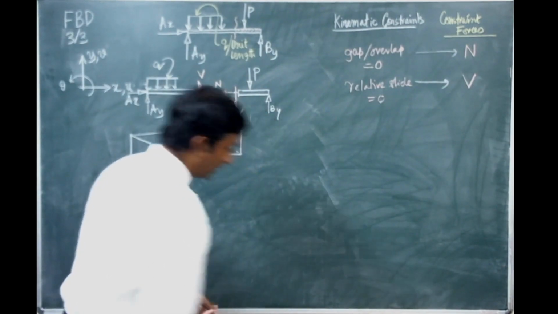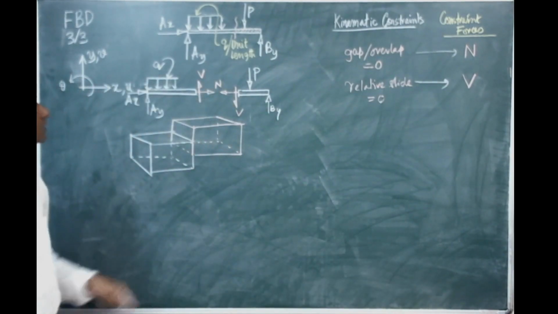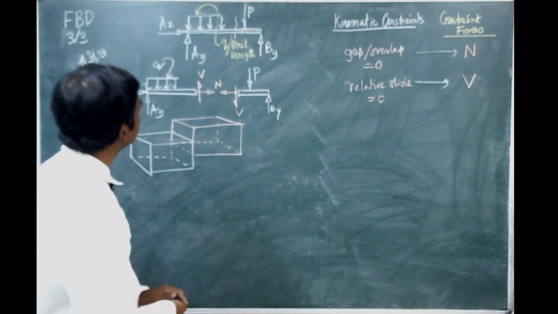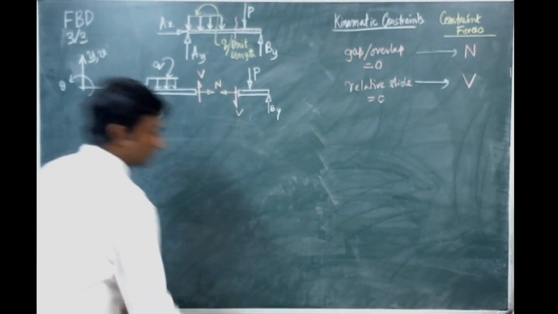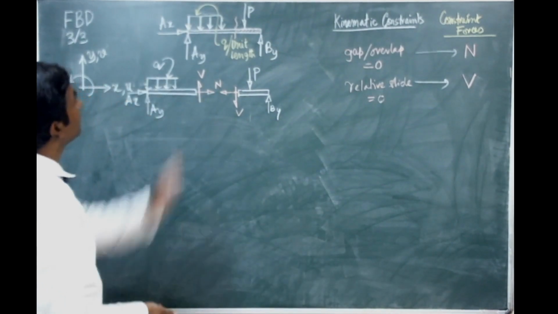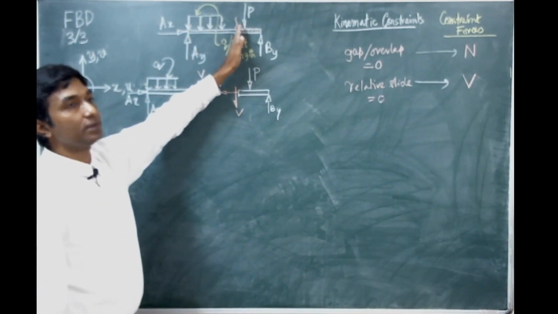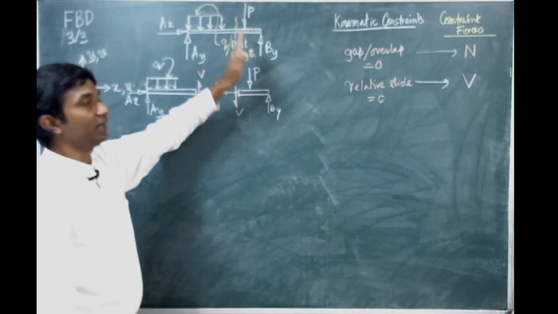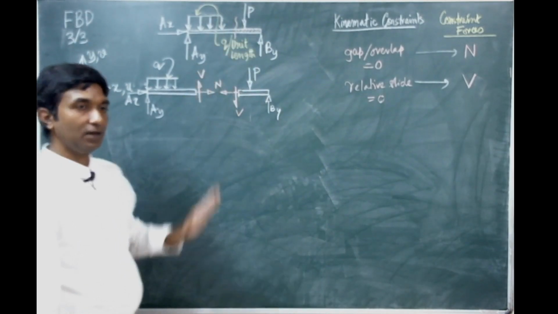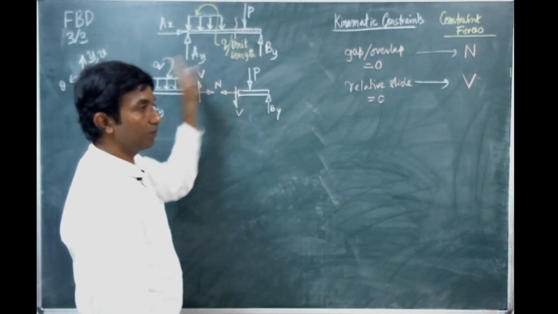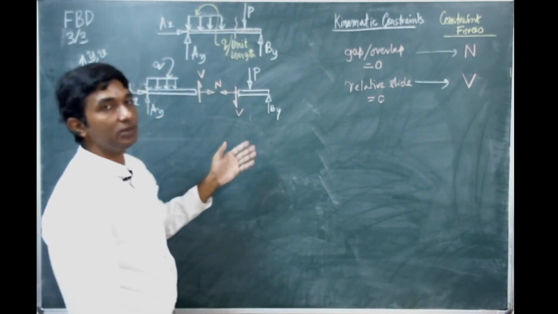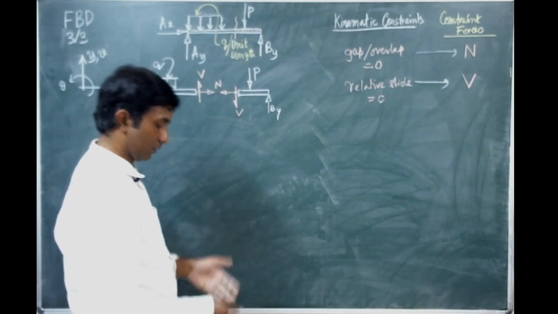And then we come to the last kinematic constraint. If you arrive from left, you identify this cut face with a particular orientation. When you are coming from the right, you should get the same orientation. Okay.